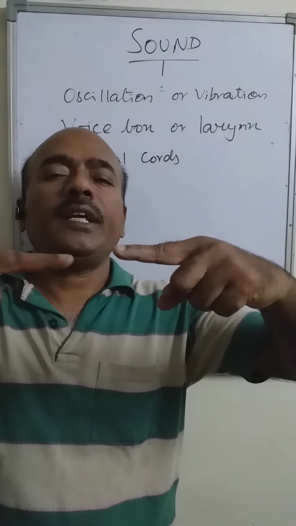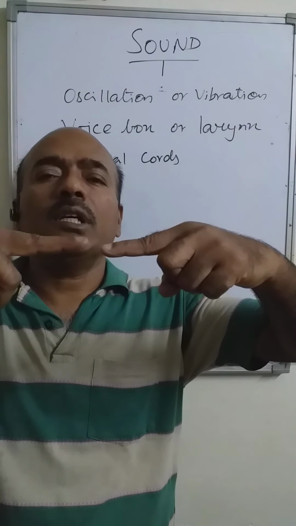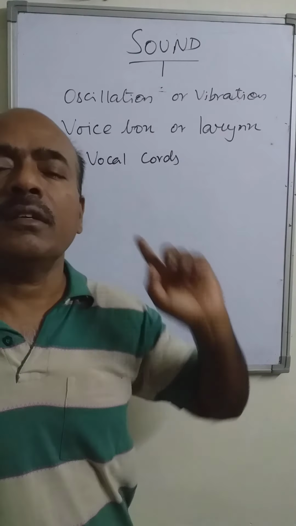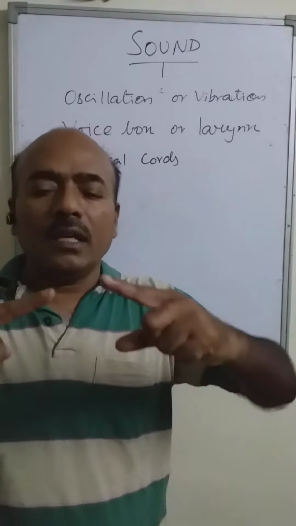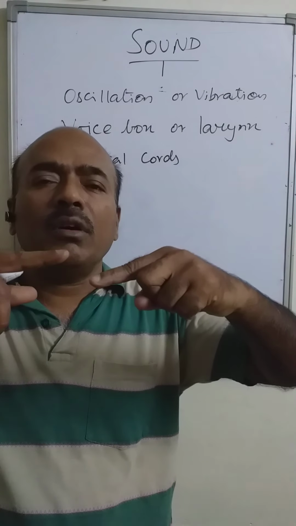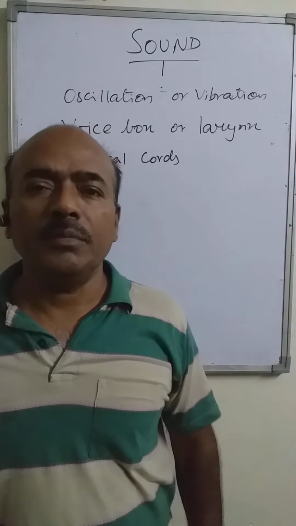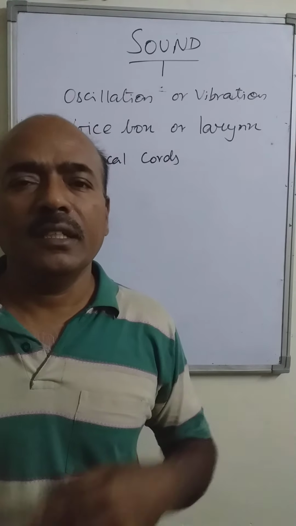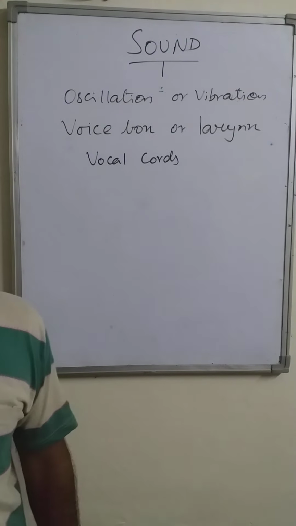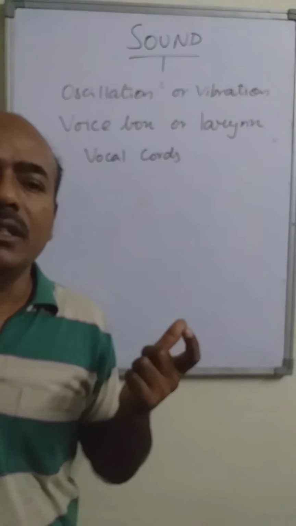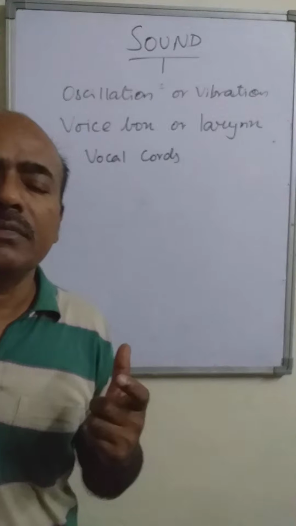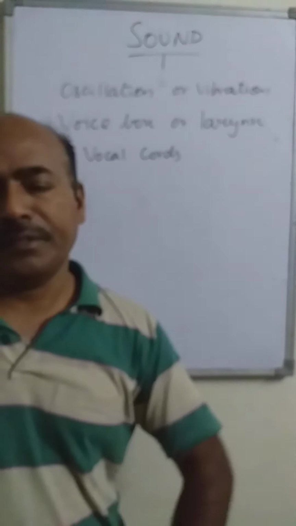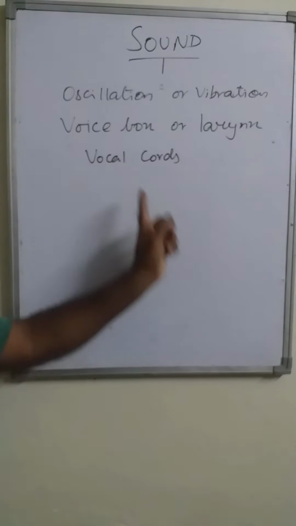When the forced air strikes, the vocal cords vibrate like this. In the vibration of the vocal cords, sound is produced, because sound is produced due to vibration. Here the vocal cords are vibrating and the sound is produced. This is how sound is produced from the voice box in every human being. Right?